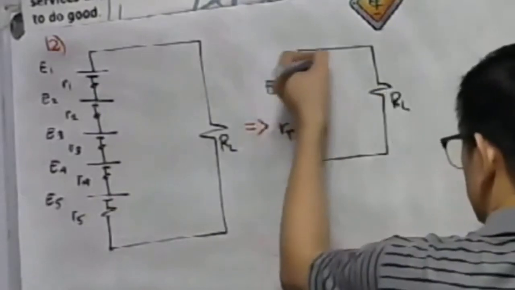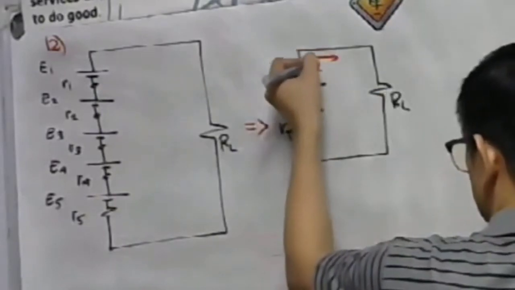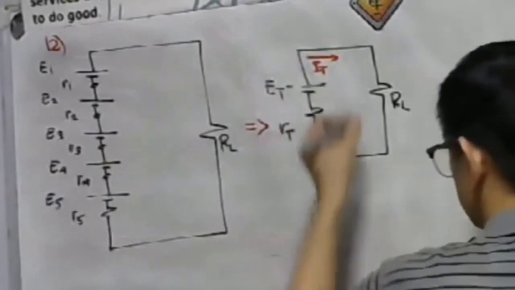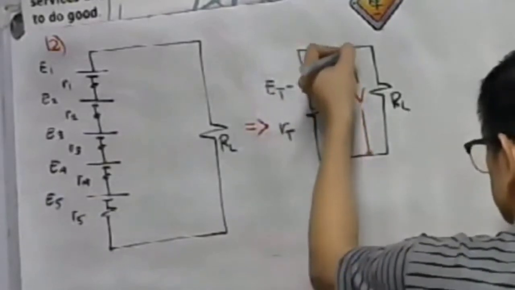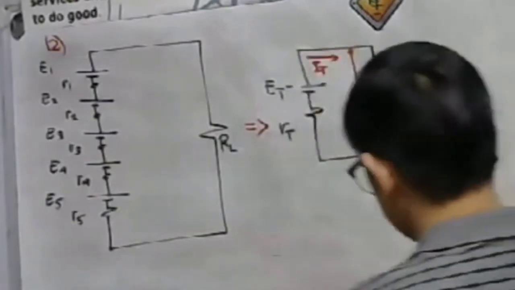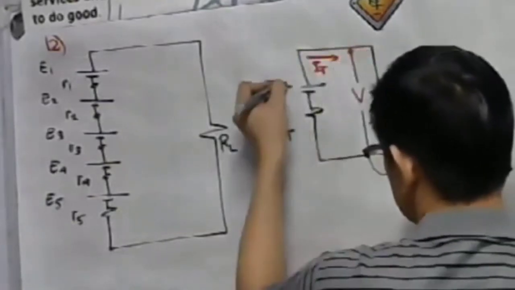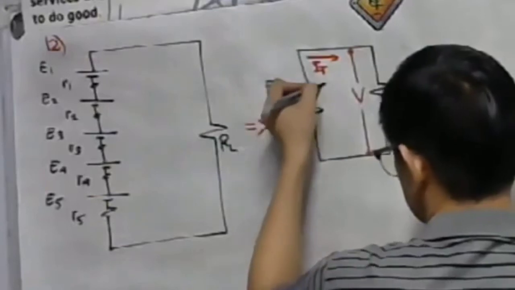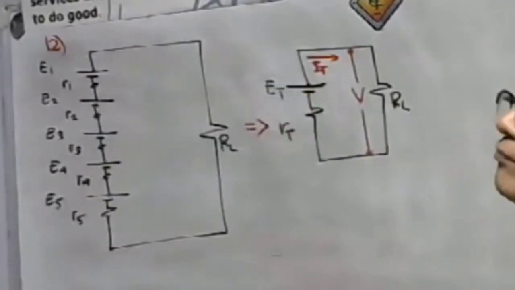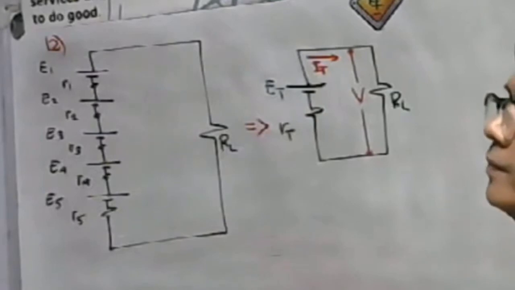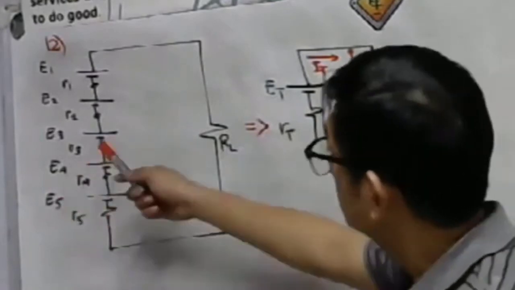Then we have here our I total. We can have here our load voltage V. This is our E total. Okay, so that is the equivalent circuit. Then we have here our I total.